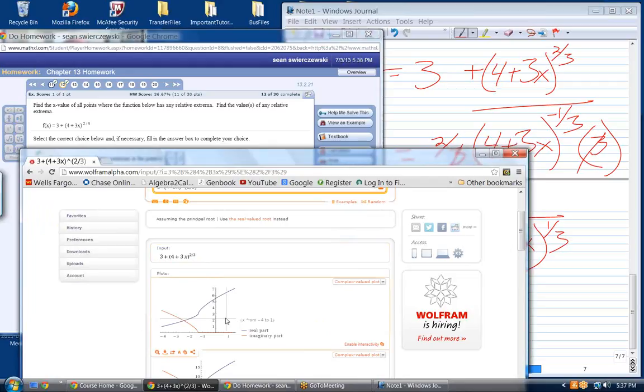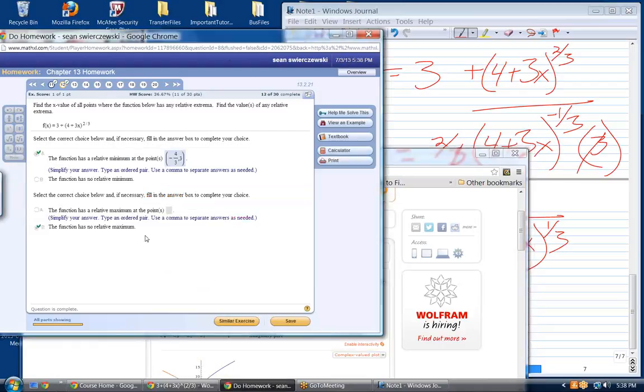Okay, I don't get that either, because if that's a minimum based on their logic, then there has to be a maximum. Yeah. It has to be a local maximum. All right. Let's go on.